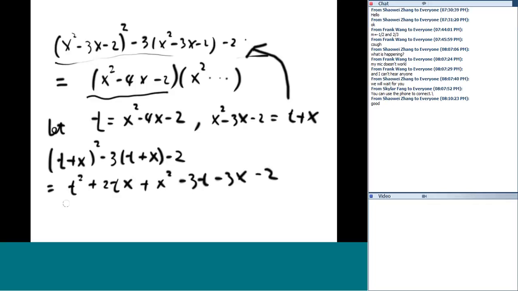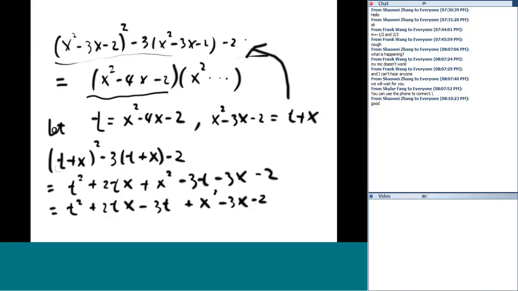You put t together, you get t squared plus 2tx minus 3t plus x squared minus 3x minus 2, right? Wait a minute.